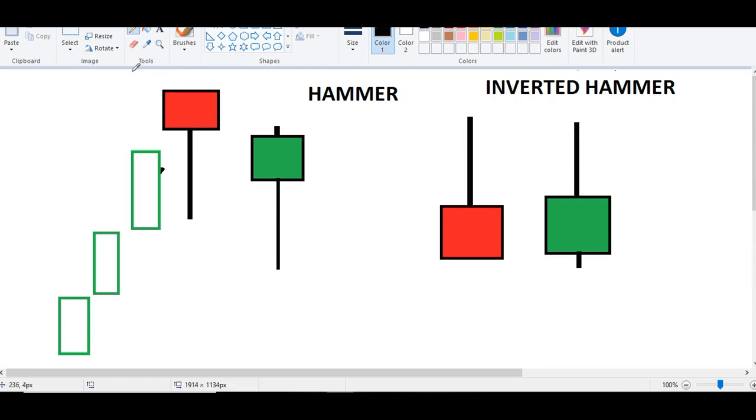Because if you see here, let's say price opens here, right, and it starts to come down. Bears come in and they start to sell the stock, right? And so they take price lower, and now here all of a sudden buyers come in and say, no, we're not going to let you take price lower, and so they take price higher and they close price right here.